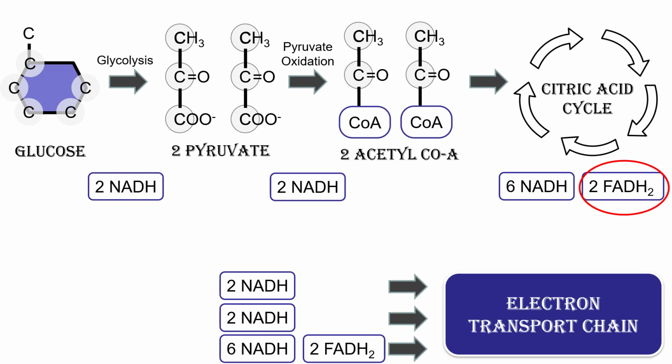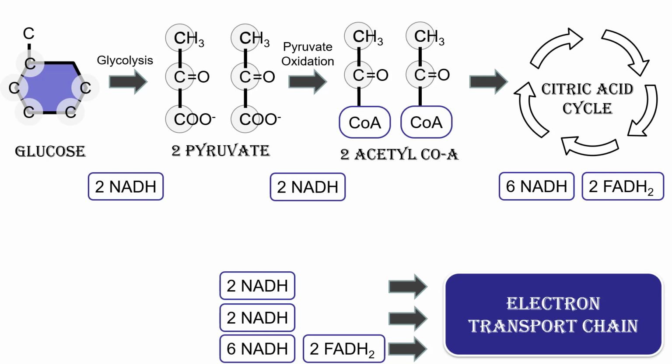That's where FADH2 is generated. It's like NADH or NAD+, it is an electron carrier molecule. So FAD picks up electrons from 2 hydrogen atoms and becomes FADH2. And as an electron carrier molecule, that FADH2 is going to transfer those electrons to the electron transport chain.